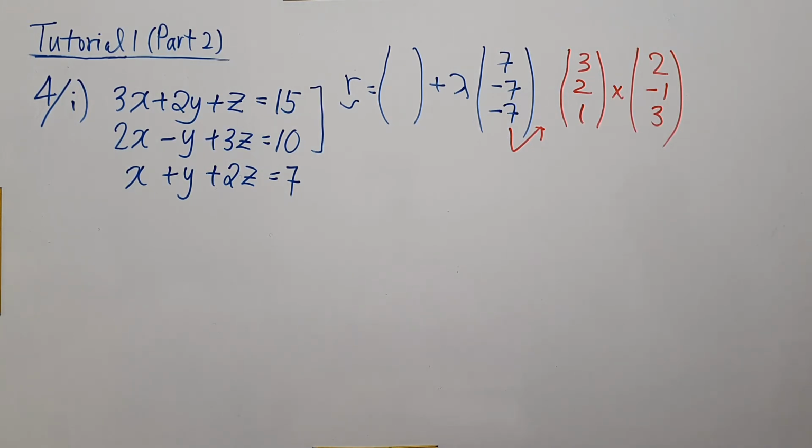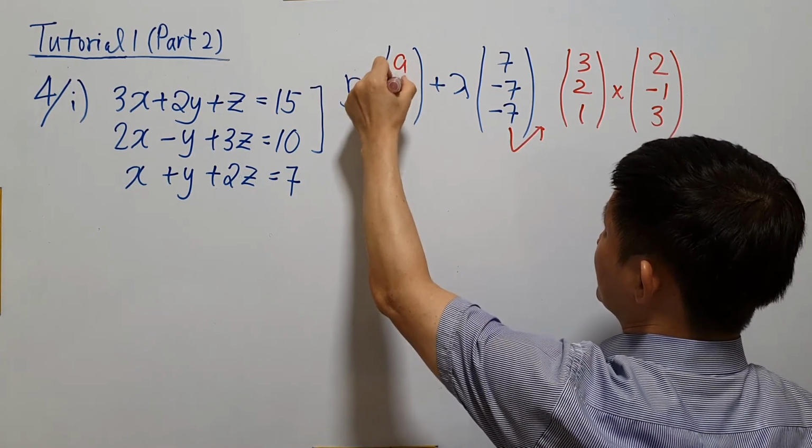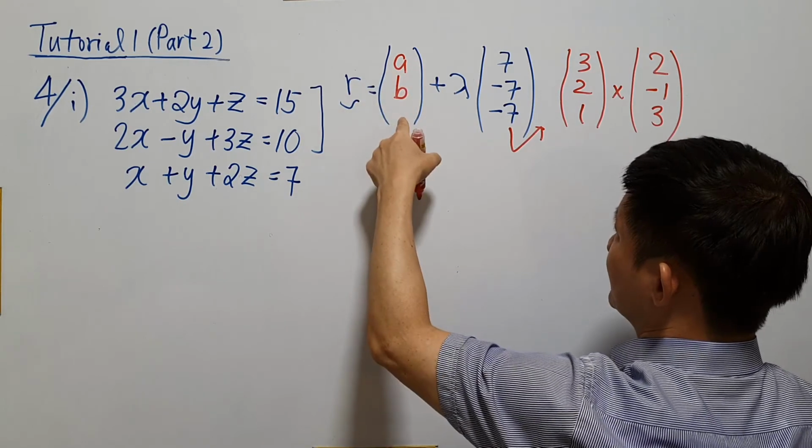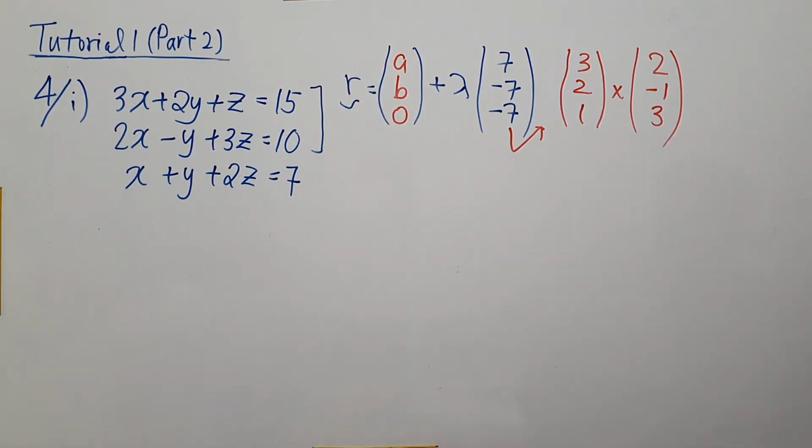Then next thing is, as you already know, we can just guess it. Let's try it again. Maybe the third value, the z component, is 0. Arbitrarily, I have decided to put 0 in the third component.